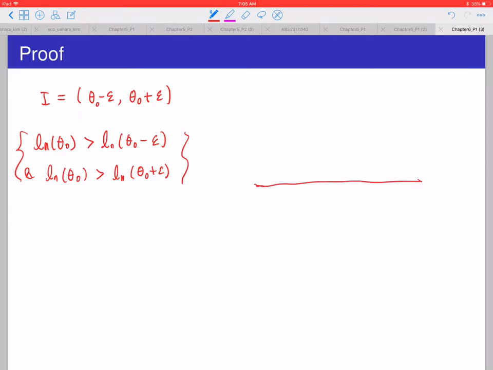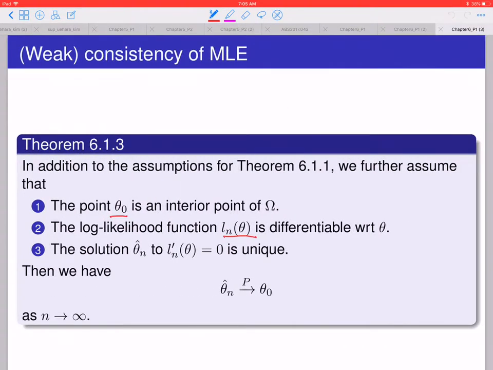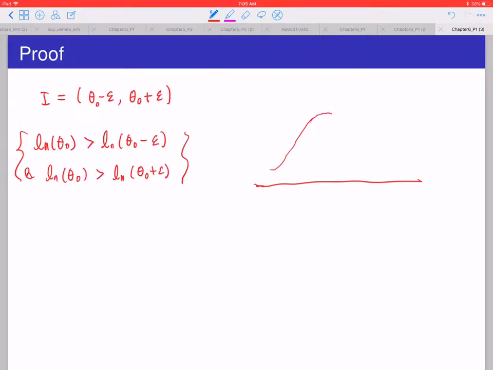So if you consider this set, let's use this assumption, graph. So this is L. The assumption is that this is the likelihood function, and the likelihood function has a unique maximum.